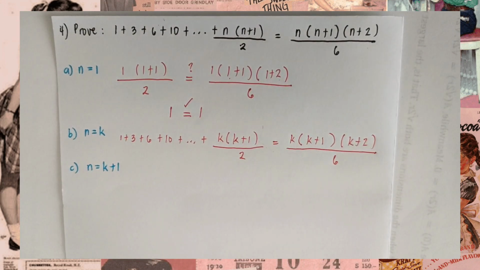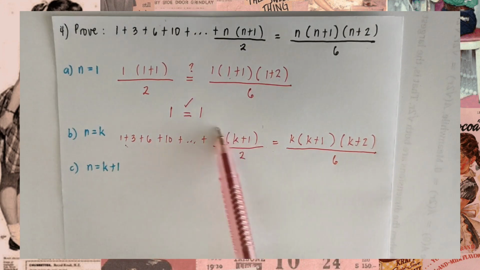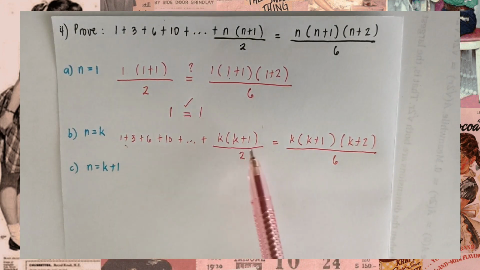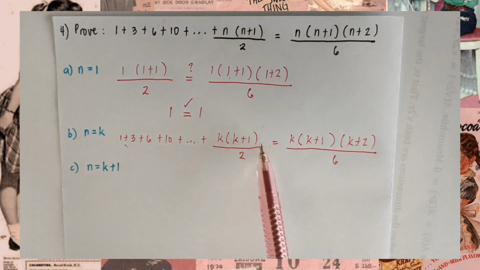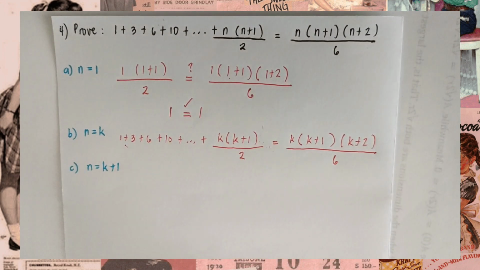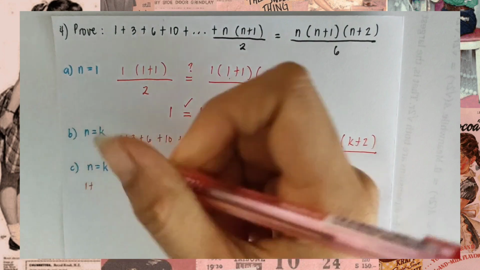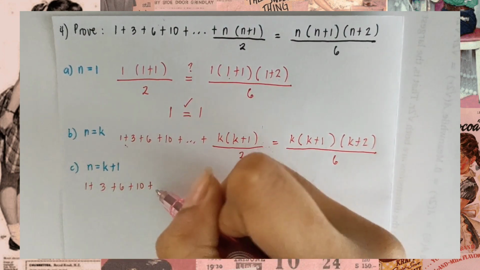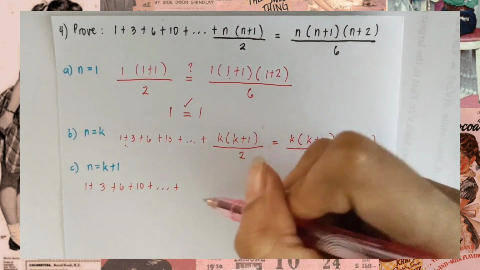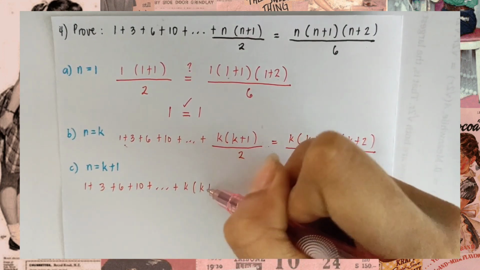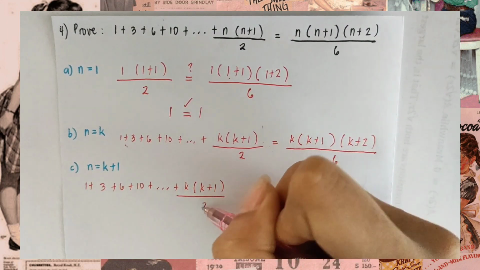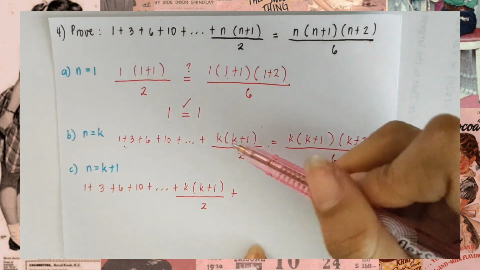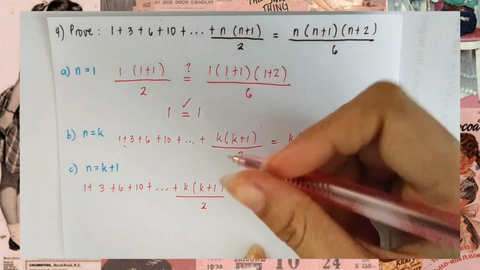Next step is our induction. Change all the n with k plus 1. So copy first this one. It will remain, and then for the additional term, change it now with k plus 1. 1 plus 3 plus 6 plus 10 plus ... plus, copy this one, k times k plus 1 over 2 plus, then change this one with k plus 1.